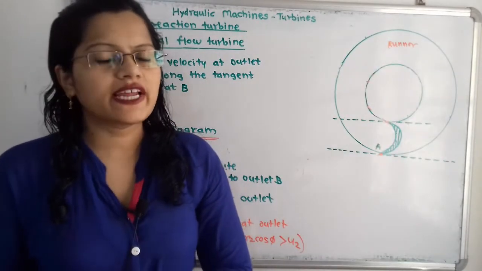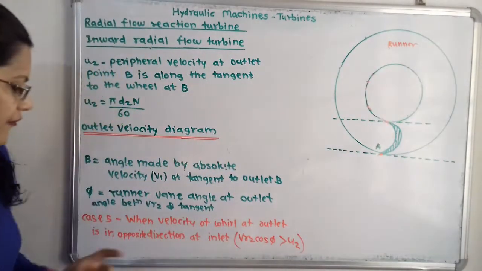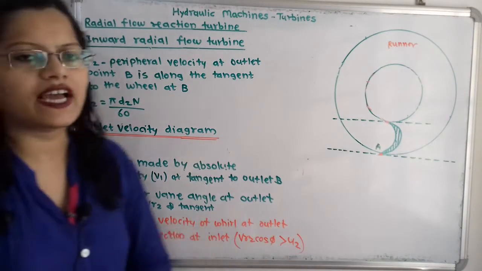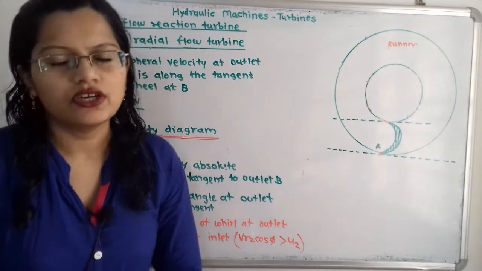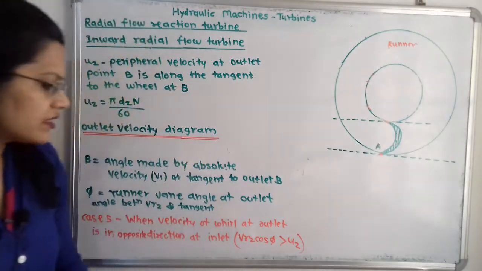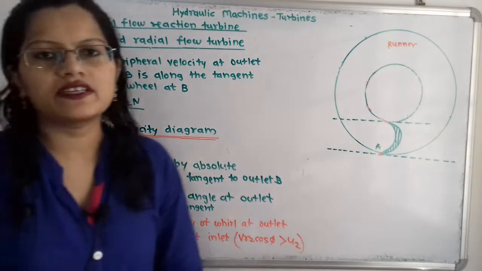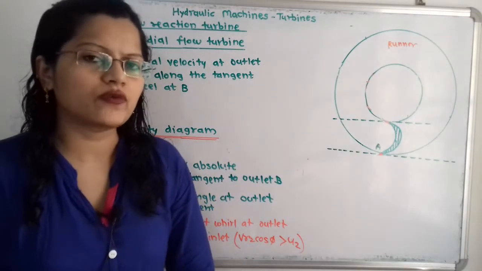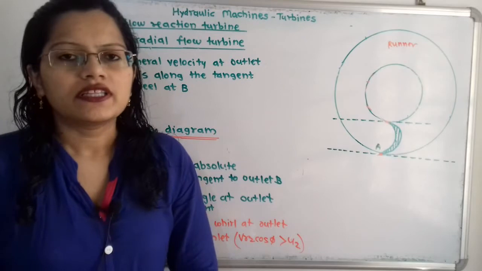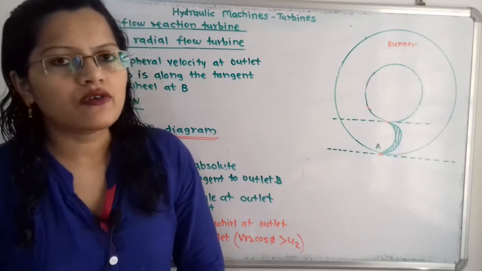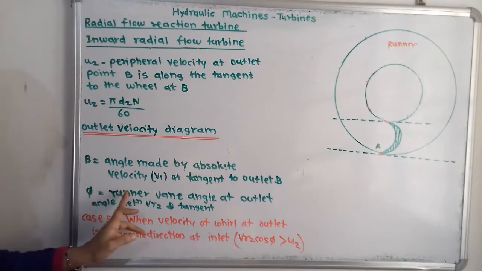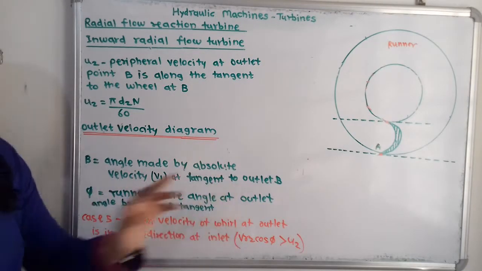Now we will move to the next case, that is when the velocity of whirl at outlet is in the opposite direction of inlet. So in this case, VR2 cos phi is greater than U2. First we will plot the relative velocity at outlet. We plot it with the help of angle phi, the runner vane angle at outlet.